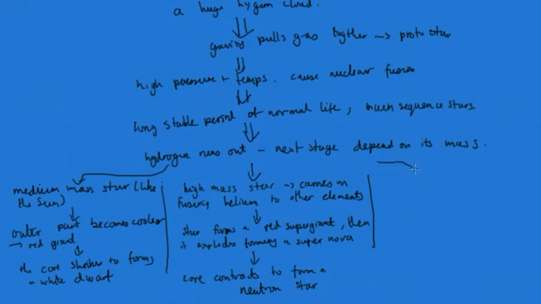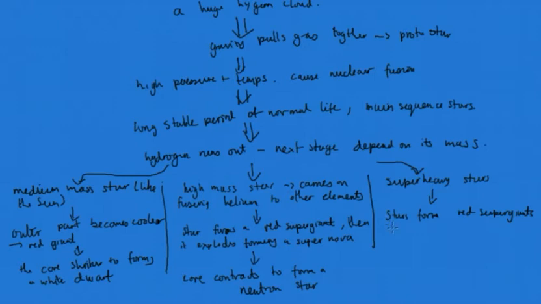Then we get the third class, which is super heavy stars, and these are many more times massive than our Sun. These stars form red supergiants. So they progress down very much like the stars that form neutron stars.